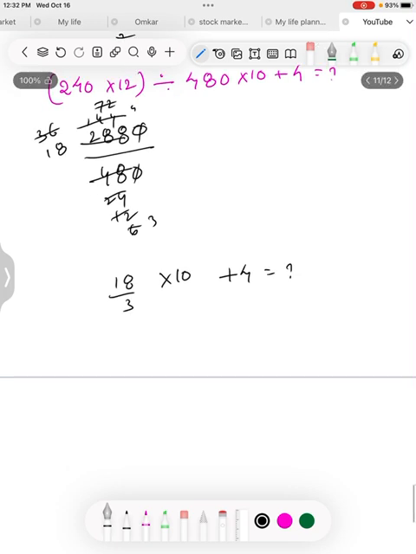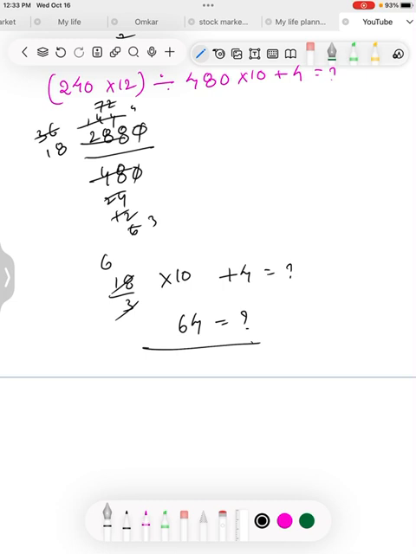So we all know that in the 6 table it will go, right? We can just multiply it, and if you add it, you'll get this answer. So this is the answer. So in this way you can solve it.